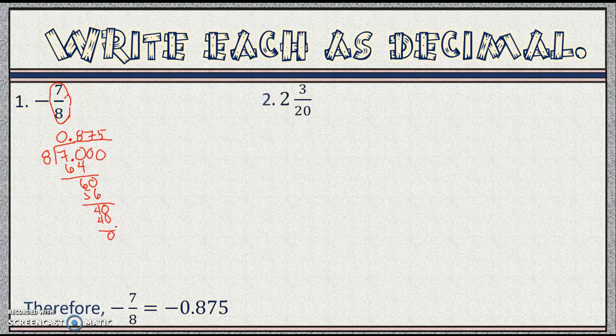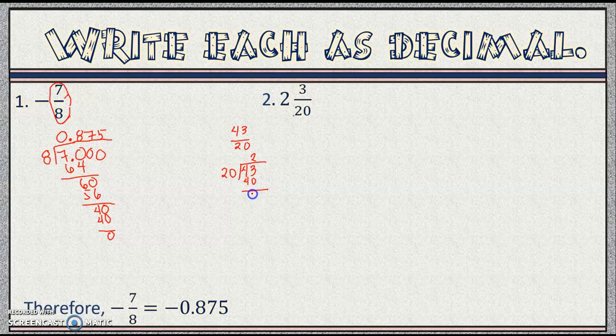Another, 2 and 3 over 20. There are two ways to answer it. From a mixed number, we will change it to improper. 20 times 2, 40 plus 3, 43, over the denominator 20. So 43 divided by 20. There are 2. 2 times 20, 40.